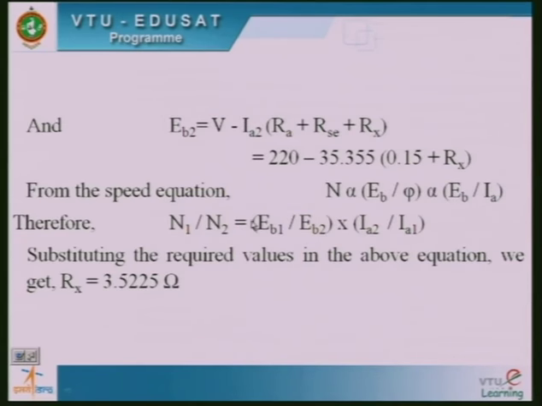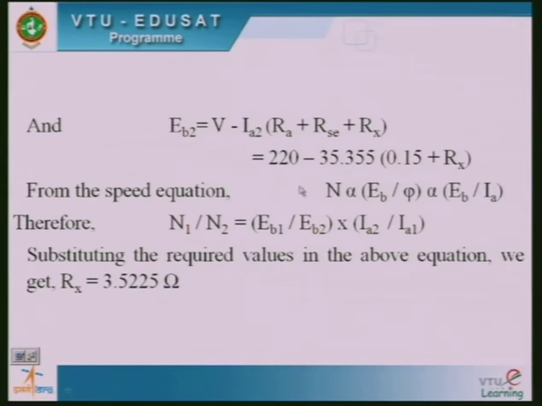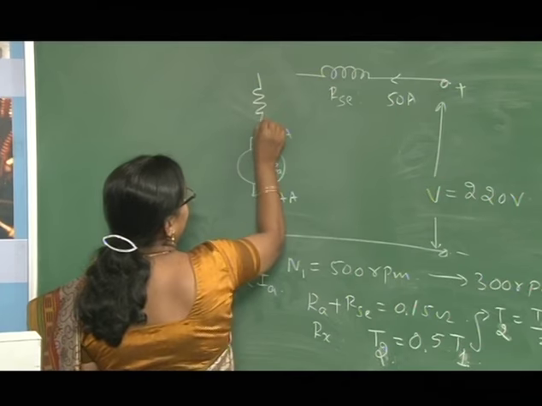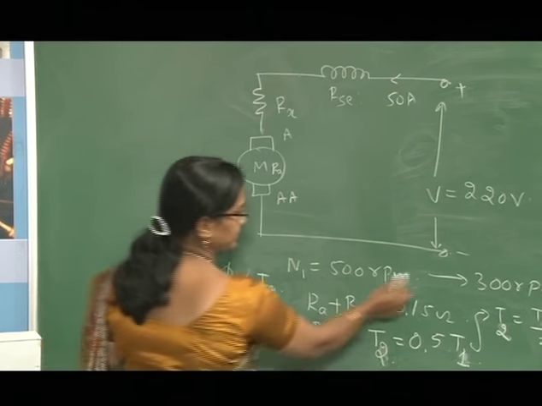Next, second case, here you have calculated this IA2. So, now you see how much resistance you are going to add in series with the series field winding and the armature. I have considered Rx as the extra resistance to be added. Then EB2 is equal to V minus IA2 times RA plus RSC plus Rx. Where exactly are you adding this Rx? In series with the armature, you are going to add the Rx to reduce the speed.